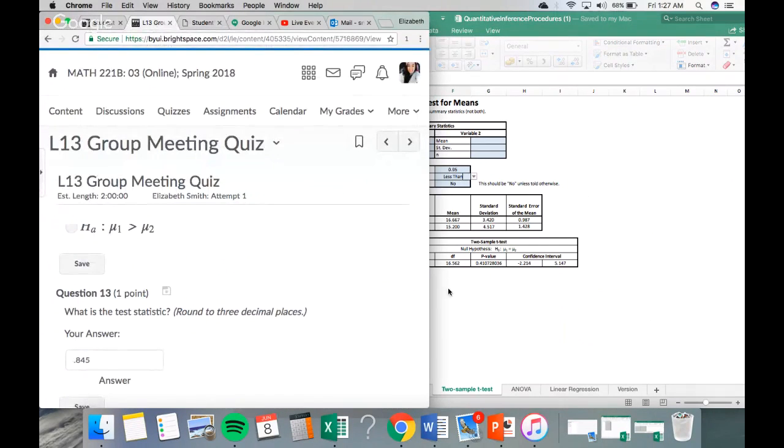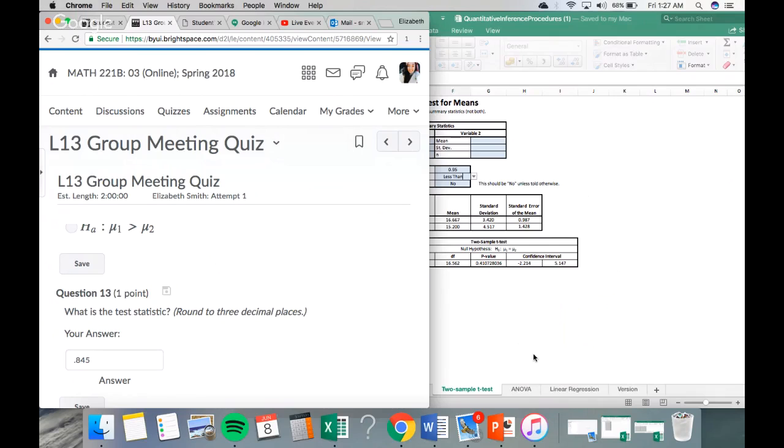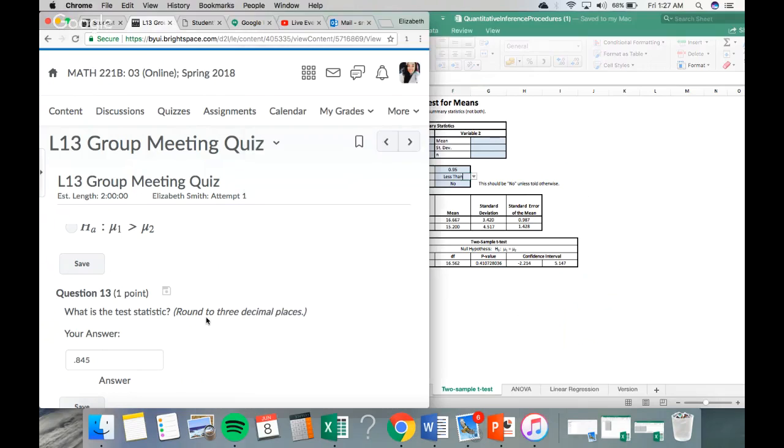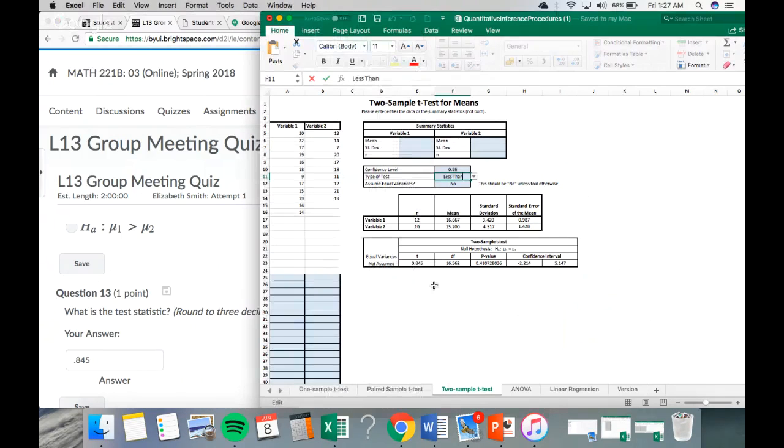Divided by, okay, this. What would the number be? Because there's two numbers.